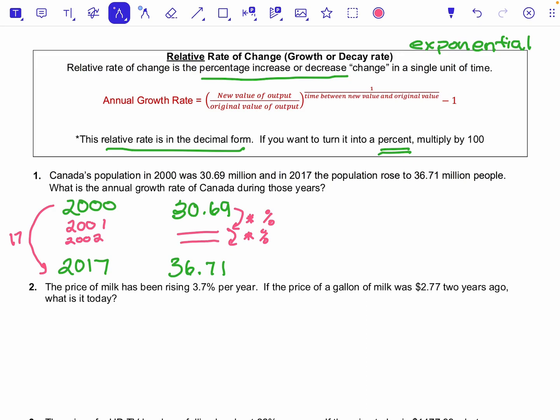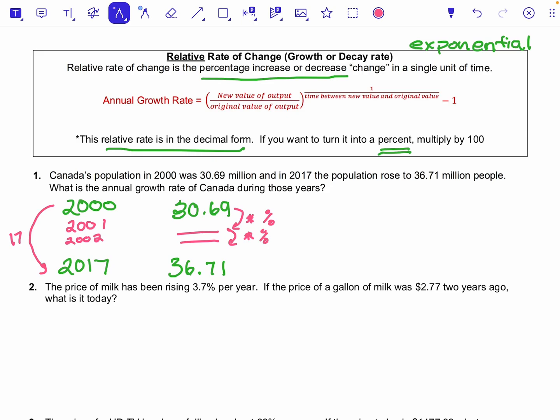And I would keep multiplying by this value 17 times, and eventually I would get to this final value down there. So if I knew this annual growth rate, that would be the number that I'd be multiplying by 17 times, but I don't know it. That's the problem.